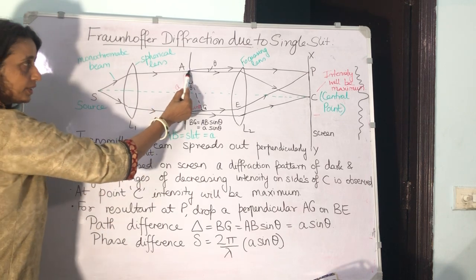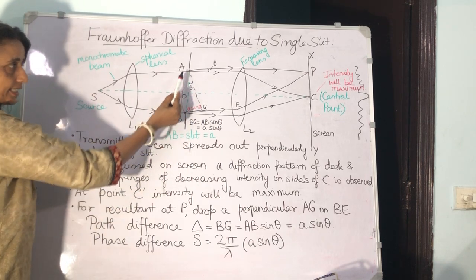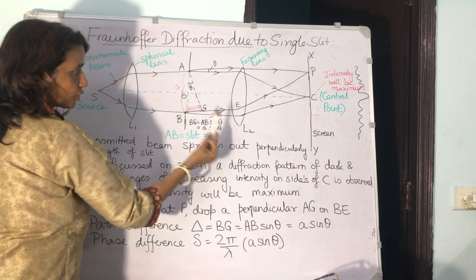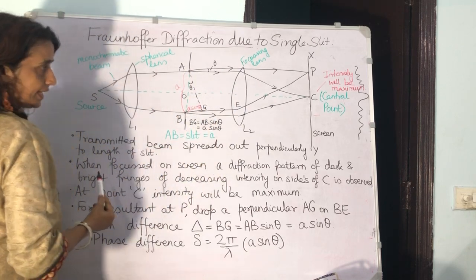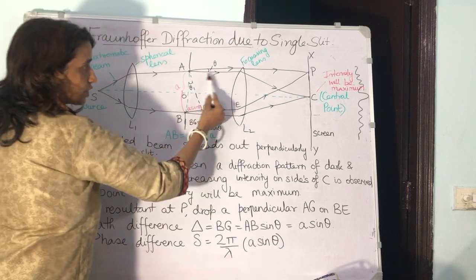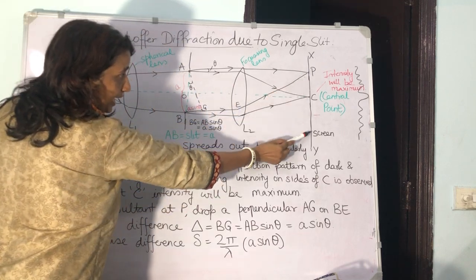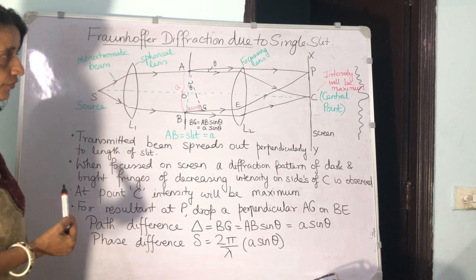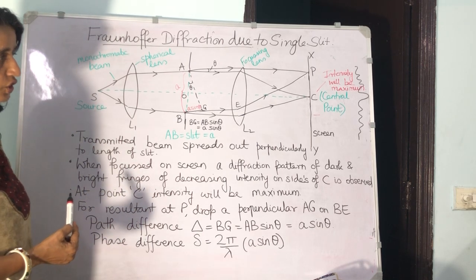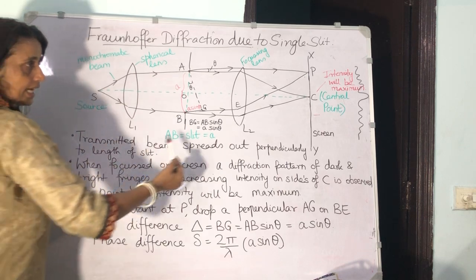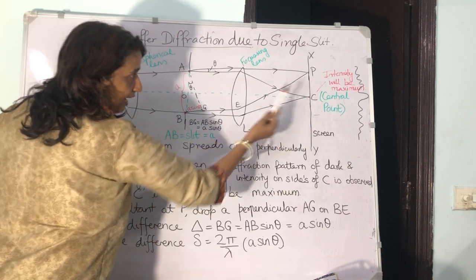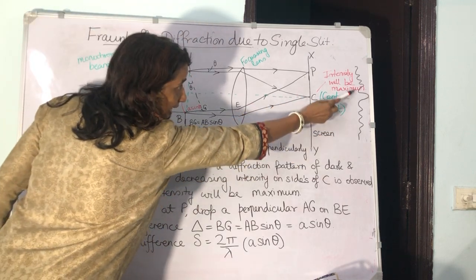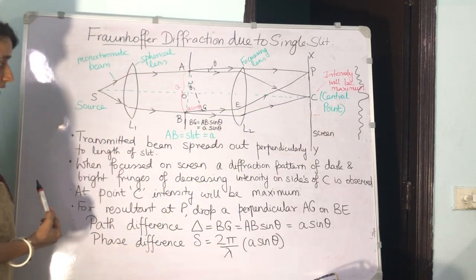So now from these 2 points, this slit, the light has bended, and now we have this focusing lens which will focus these rays of light so that we get a diffraction pattern consisting of bright and dark fringes on the screen. The central point will be having maximum intensity followed by secondary maxima and minima.